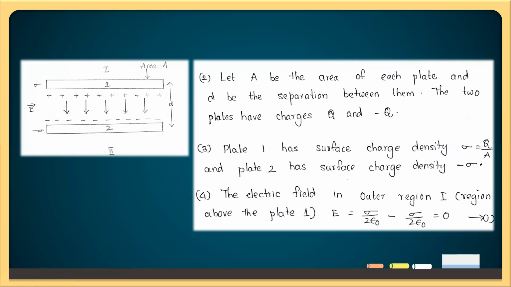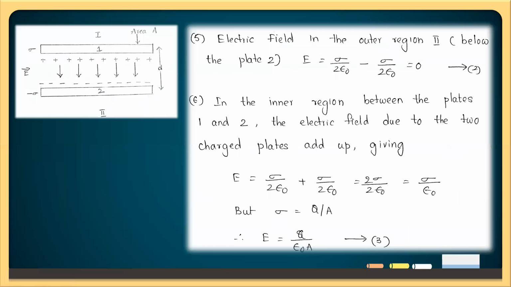Now we will see the other things, that means the electric field in region 2. Here, for the negative charge, the field is always inwards, so the electric field is from the lower side to the upper side.